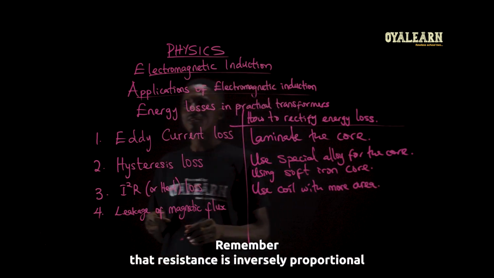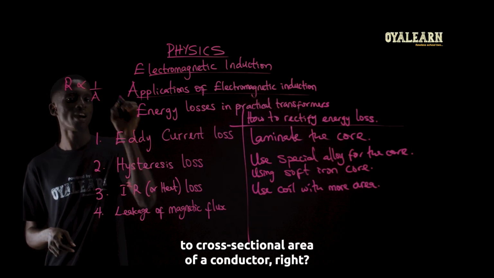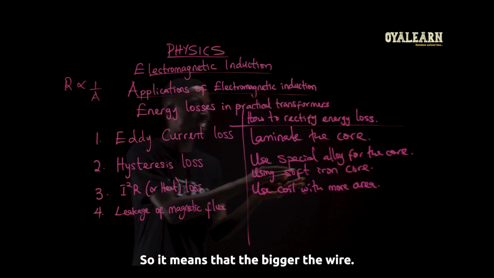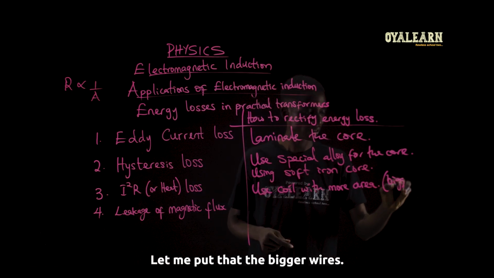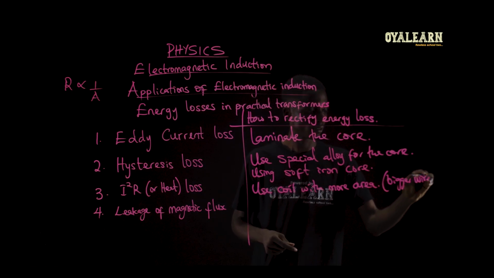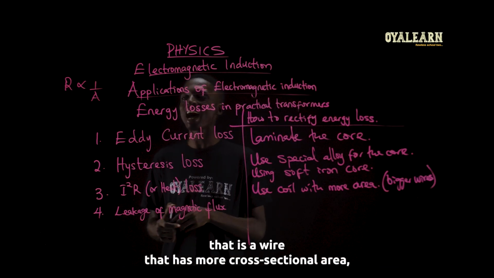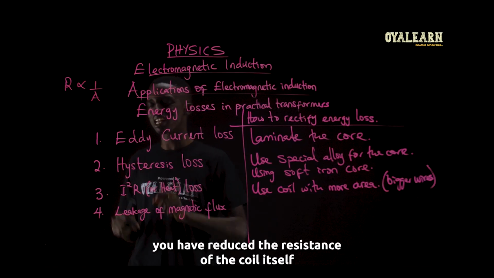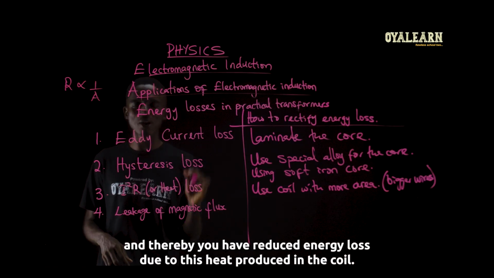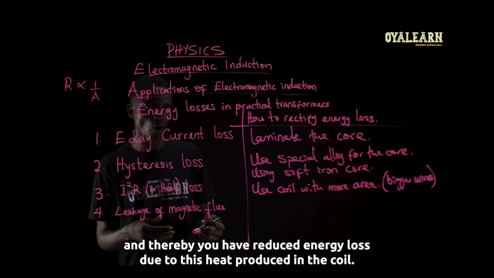Remember that resistance is inversely proportional to the cross-sectional area of a conductor, right? So it means that the bigger the wire, bigger wires, when you use a bigger wire, that is a wire that has more cross-sectional area, you have reduced the resistance of the coil itself, and thereby you have reduced energy loss due to the heat produced in the coil.